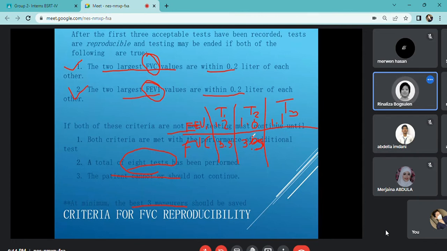Trial 3 mo is nasa 3.4. Okay. O, ganyan yung resulta. What is your best test? Anong pipiliin yung best test dyan? What is your best test there?